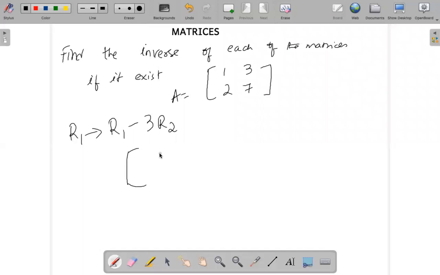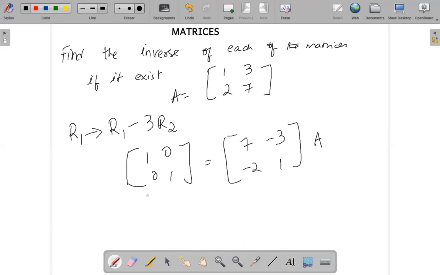So on the rows, row 1. So what do we get? 1, 0, 0, 1, which is equal to 7, minus 3 and minus 2 and 1. So I'm operating on row 1, which we get like this.